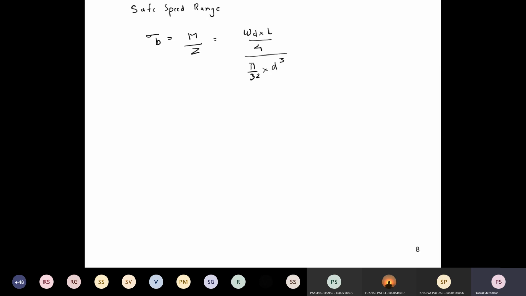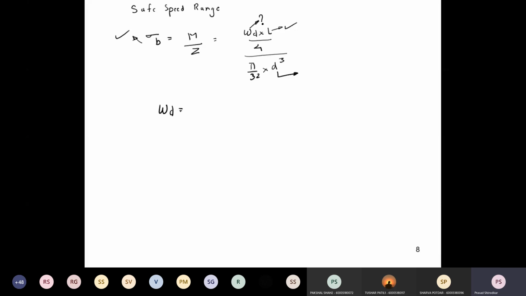So we are going to calculate how much maximum dynamic load the shaft can take. Sigma b is given, L is known. Okay. The only unknown is W_d. All right. So calculate W_d. Diameter is known for the shaft. So all the quantities are known. So substitute and calculate W_d.